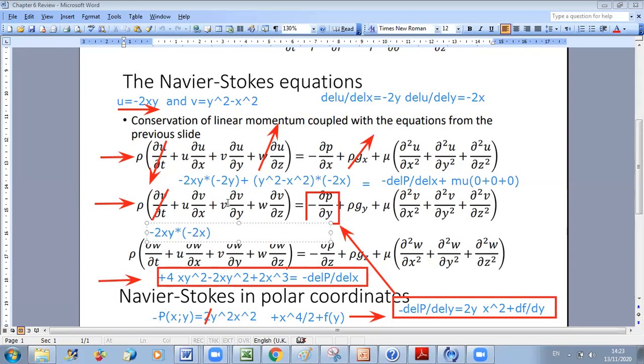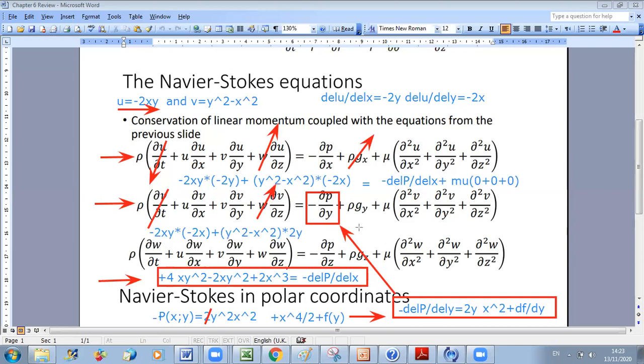Now plus v del v by del y, so it's plus, for v I replace by y square minus x square, times del v by del y. Del v by del y is 2y, so times 2y. Now w is 0, so this term will cancel out.